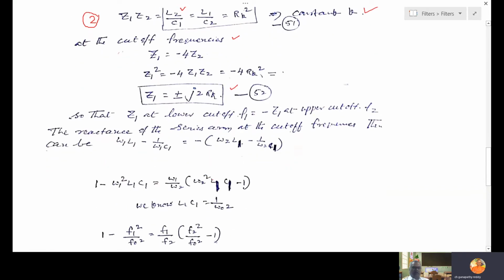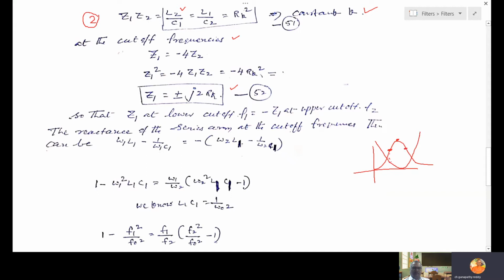Now here we get another derivation: Z1 at lower cutoff F1 is equal to minus Z1 at upper cutoff F2. Z1 is a series resonance, and we have already studied the graph in series resonance. Current variation will be like this, then impedance variation will be like this. This is the resonant condition, this is lower cutoff, this is upper cutoff.